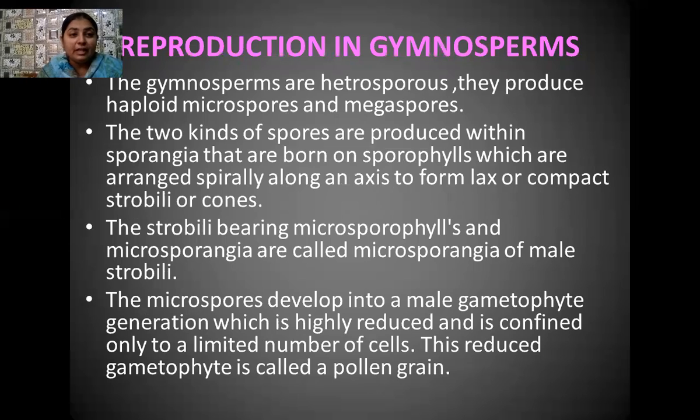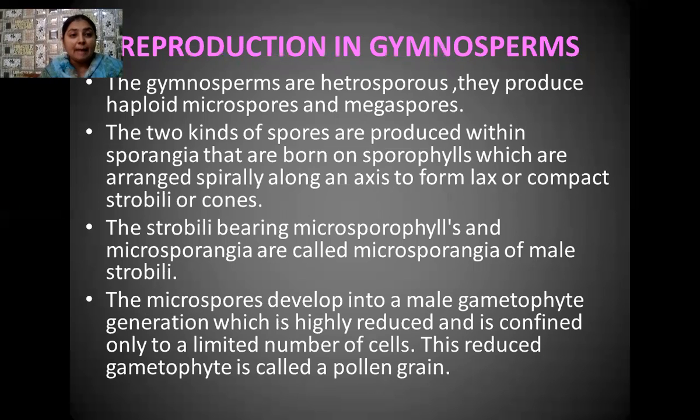Yes, student, now we are going to revise the reproduction, how it happens in case of gymnosperms. So always remember our gymnosperm species are heterosporous in nature. That means how many types of spores are formed? Two types of spores are formed and these spores are haploid.